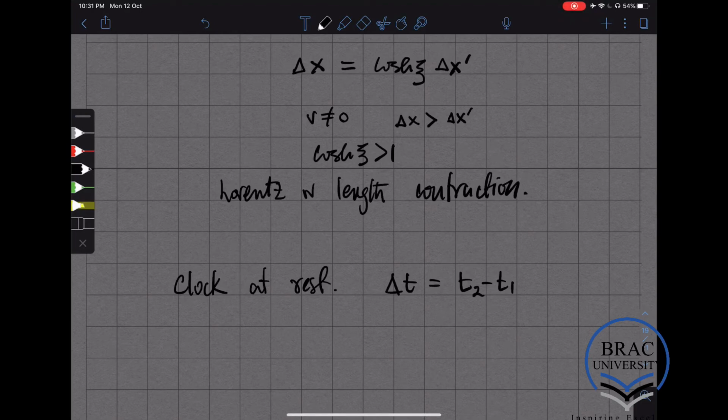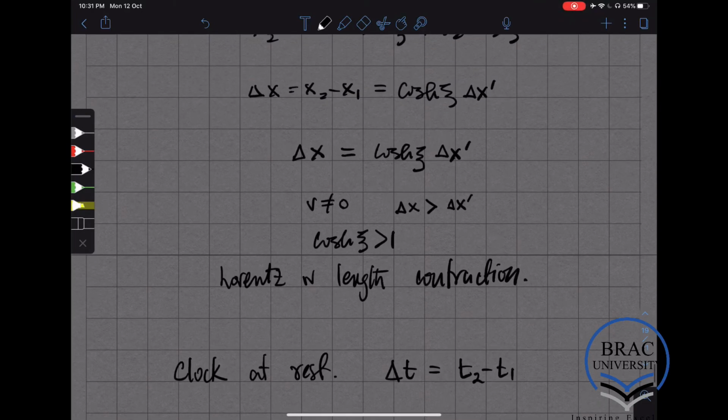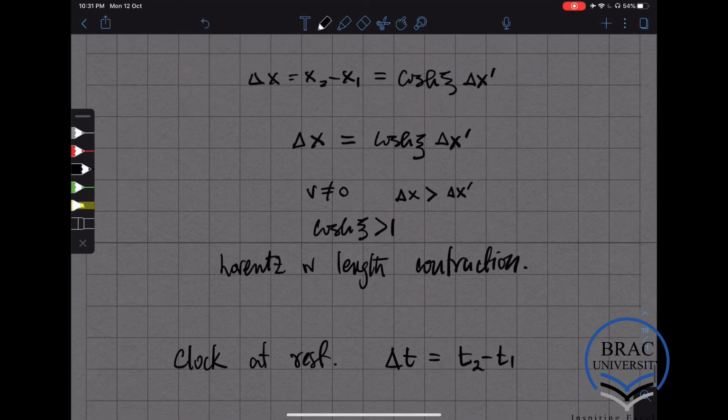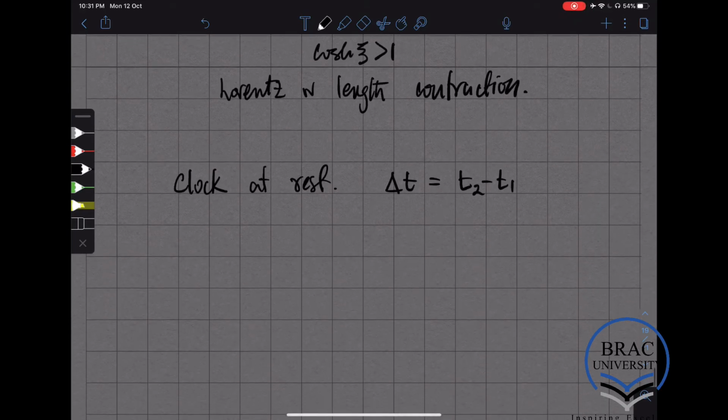If I look at the clock in a new reference frame, what is the time interval going to be between two different ticks?